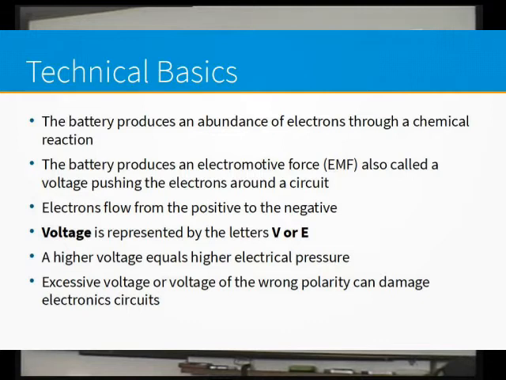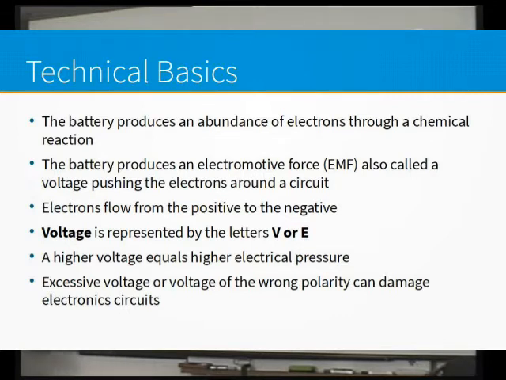The battery is a source of these electrons through a chemical reaction, and the battery, because of this flow, it's actually a force. So we call it an electromotive force. And we don't tend to call it EMF very much these days.